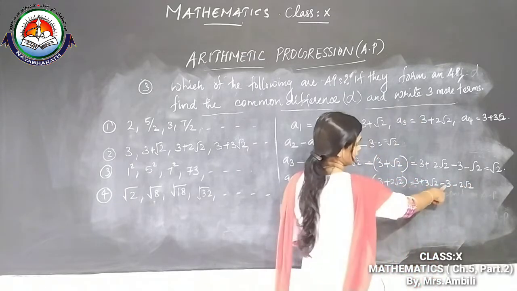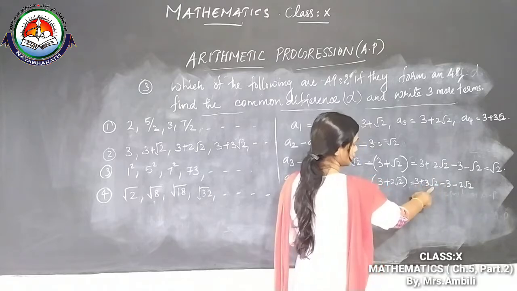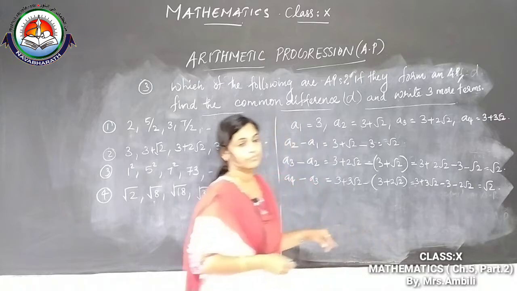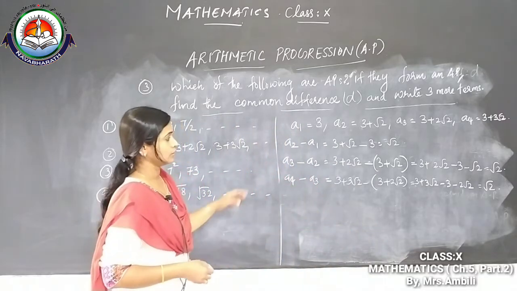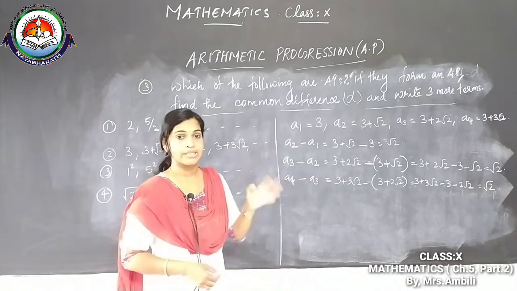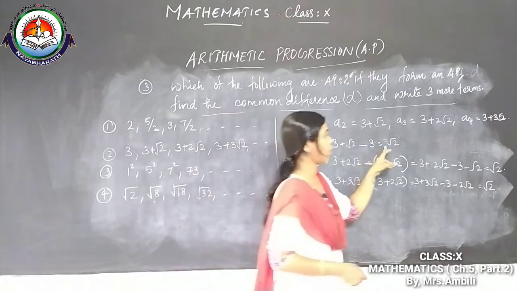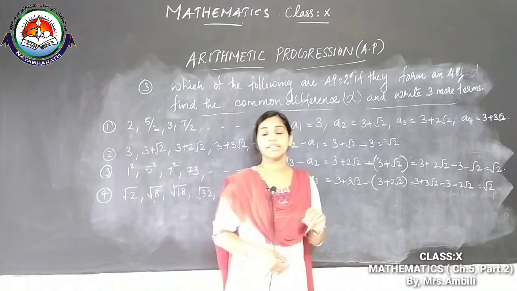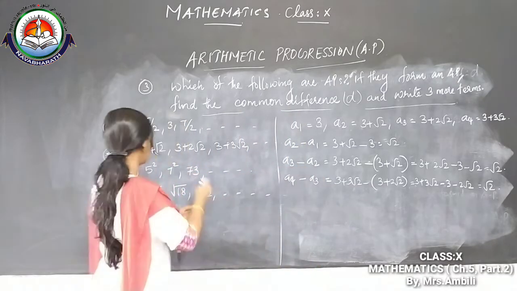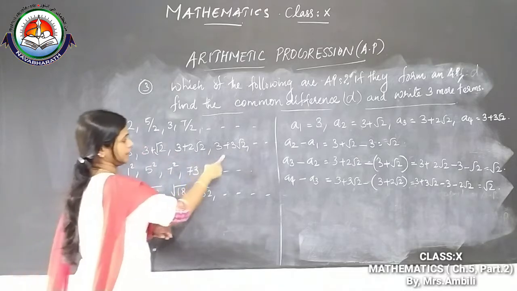Here also plus 3 and minus 3, 0. 3 root 2 minus 2 root 2 is root 2. So, what we got? Common difference everywhere D. That is, the difference between the successive terms we got root 2. Therefore, the given sequence is an AP. Okay. So, second question is also an AP.